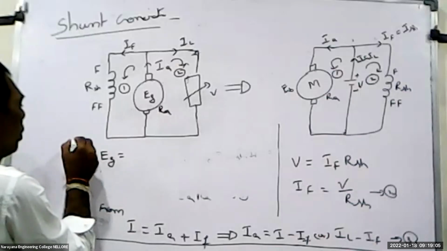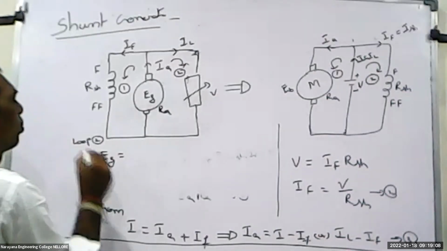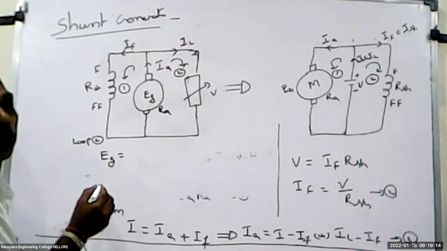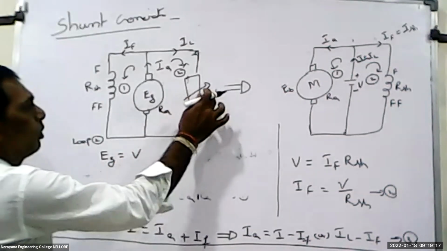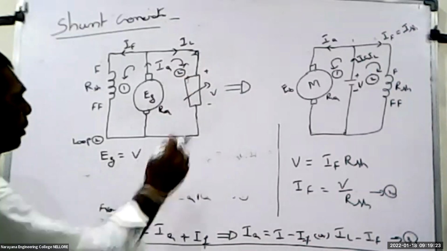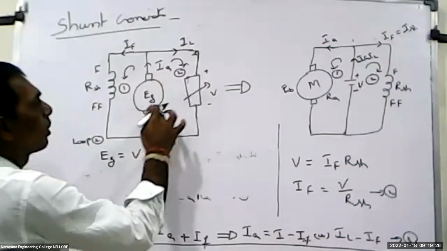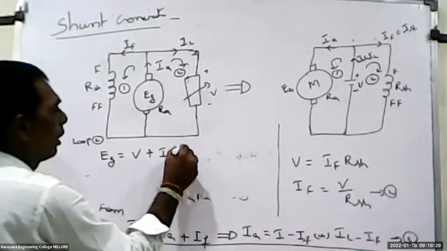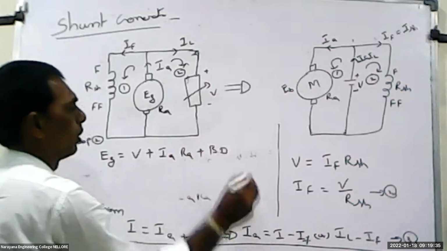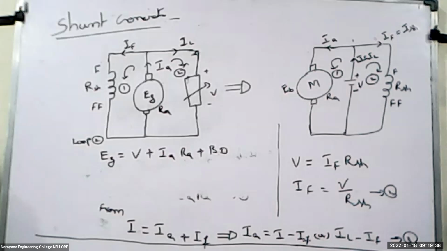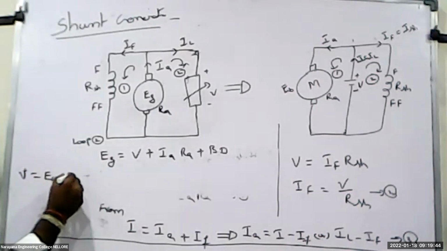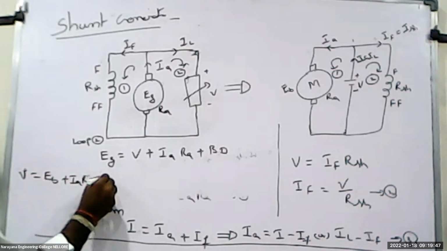Or apply KVL in loop 2. First we will go for loop 2, then I will come to loop 1. Apply KVL for loop 1 and loop 2. EG is equal to V, because this is the drop. The drop is always opposed to the supply voltage, that is V, plus the drop across the armature, that is IA RA, and here the brush drop, VD. So let us observe the previous equation. What is the previous equation? You know that E is equal to EB plus IA RA plus VD.